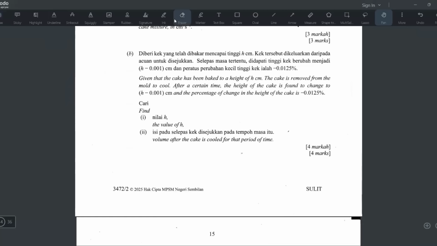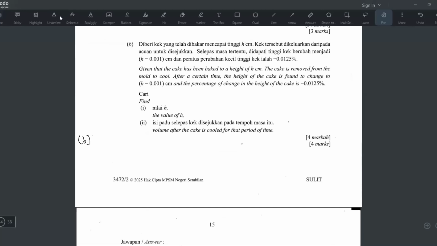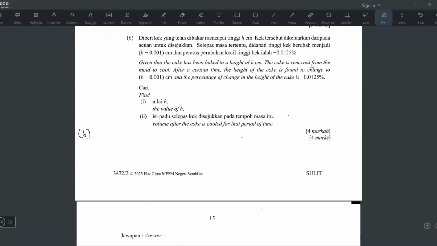Let's do B. Alright, given that the cake has been baked to a height of h cm, at first it's 3, and then after baking it bakes until h cm, which is the total height of the whole cylinder. And then the cake is removed from the mold to cool down. After a certain time, the height of cake is found to change to h minus 0.001 cm.